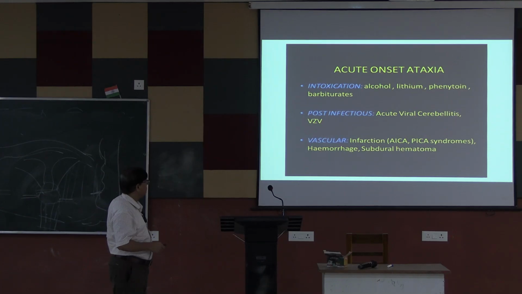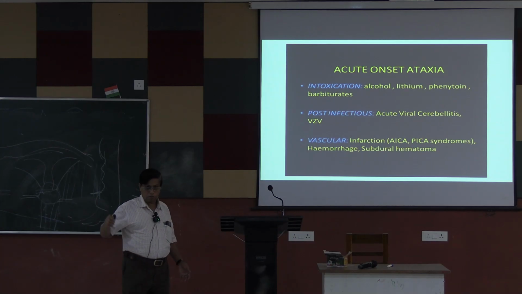So here you can differentiate the ataxia into the acute onset ataxia. Everybody knows that consumption of alcohol will disturb his gait. That is also ataxia, but there is acute onset after the consumption of alcohol. Lithium, and also very important is phenytoin.